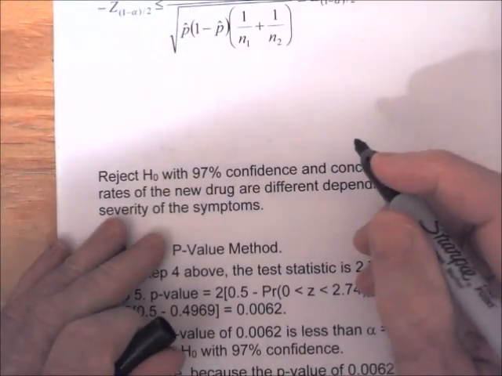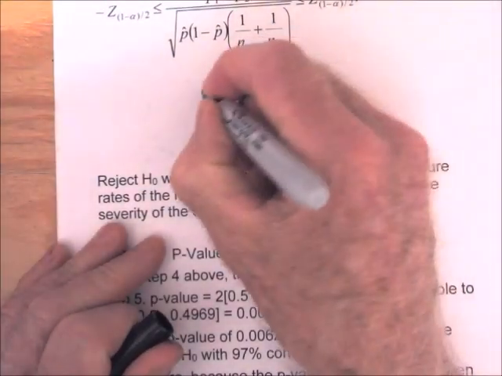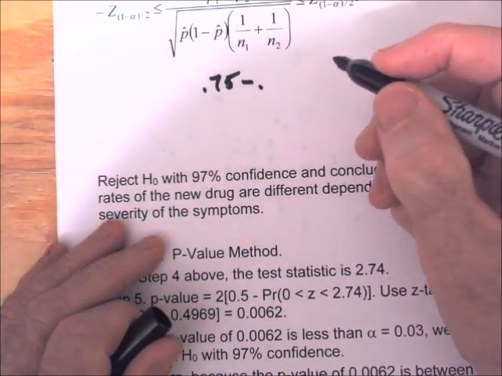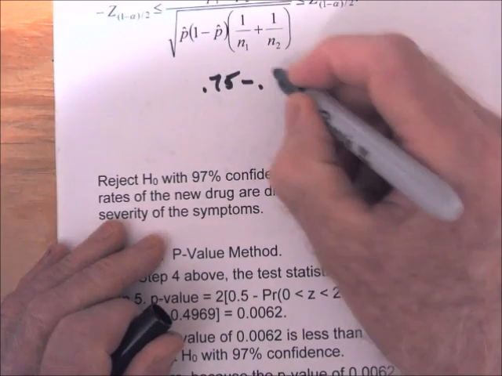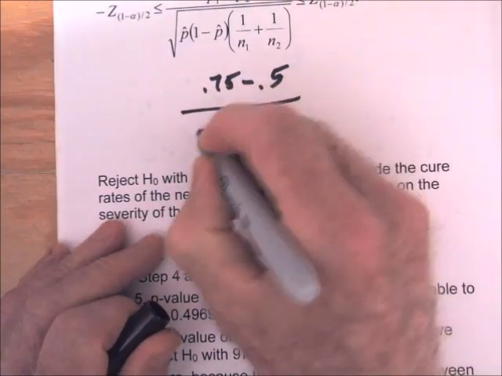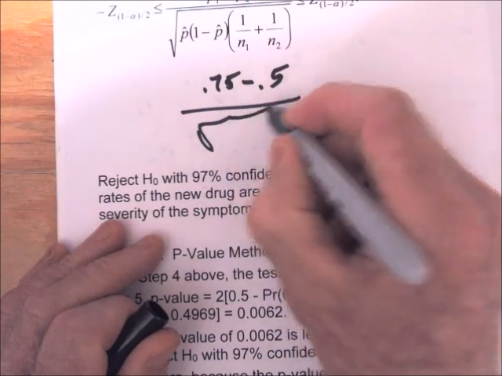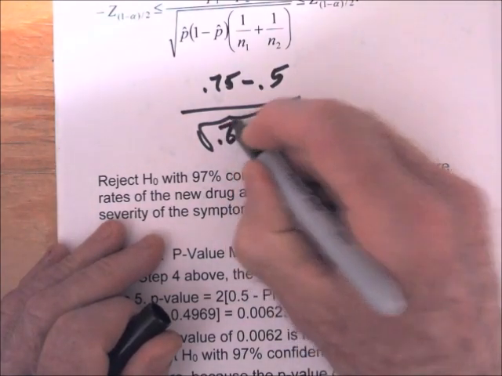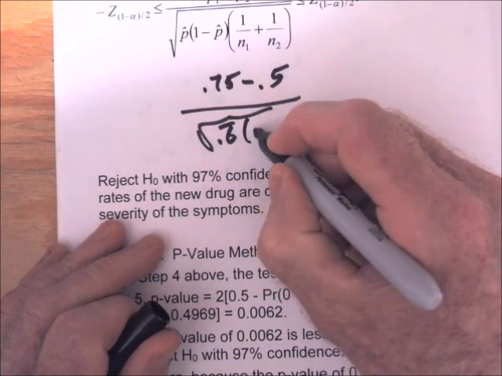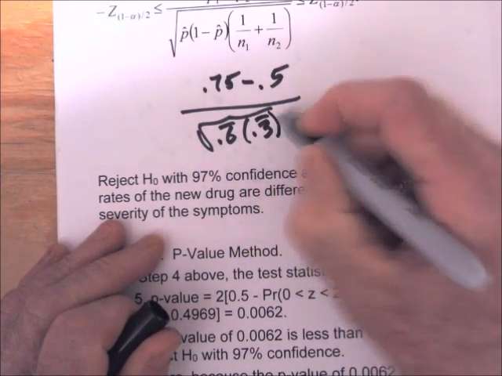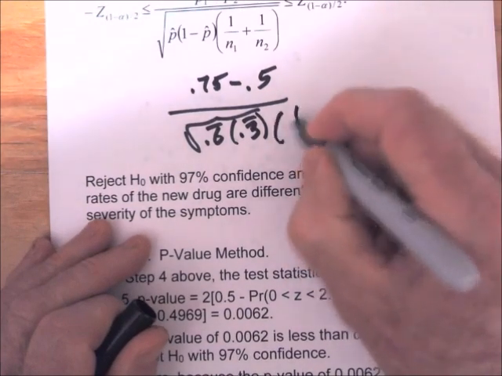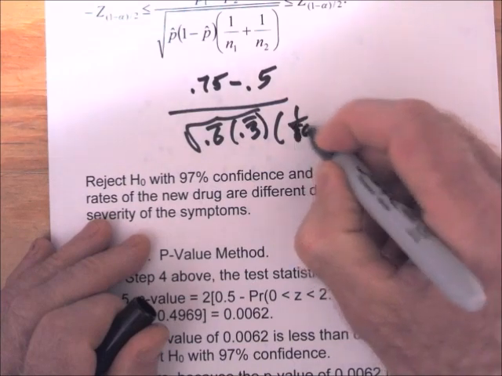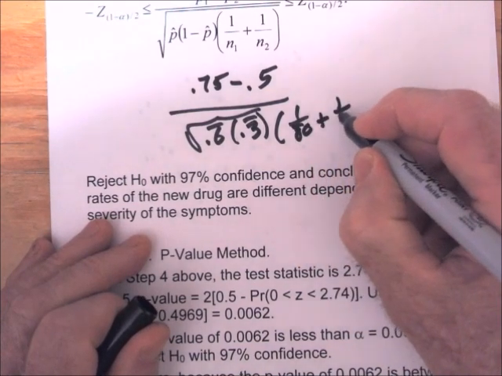Then we can compute the test statistic. It's going to be p1 hat, 0.75, minus p2 hat, 0.5, divided by the square root of the pooled sample proportion, which is 0.66 repeating sixes, times 1 minus that, which is 0.33 repeating threes, I'm putting a bar over the 3, times the quantity 1 over 80 plus 1 over 40.